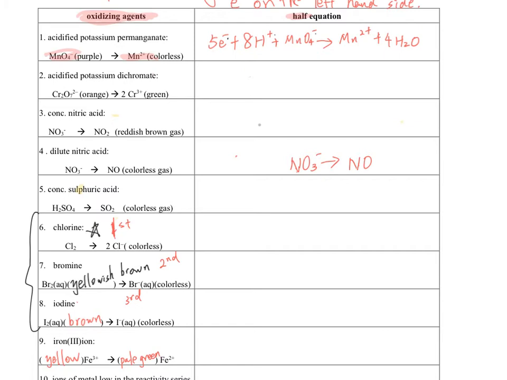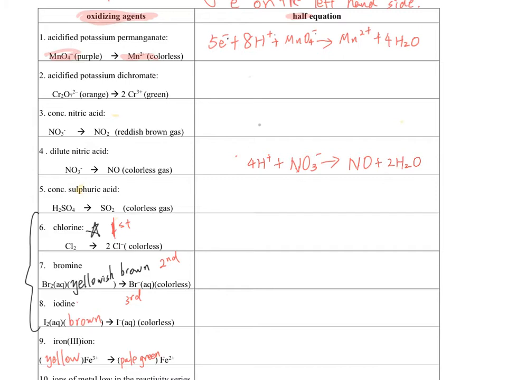So we need to add 2 water. And after adding water, we need to add hydrogen ion to balance the number of hydrogen. So here, 4 hydrogen ion.